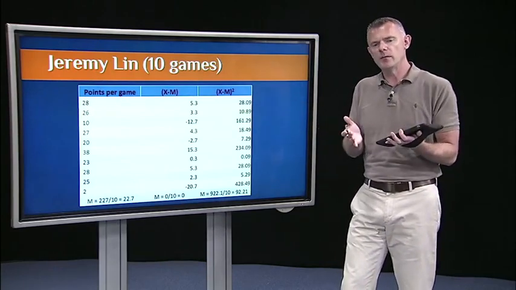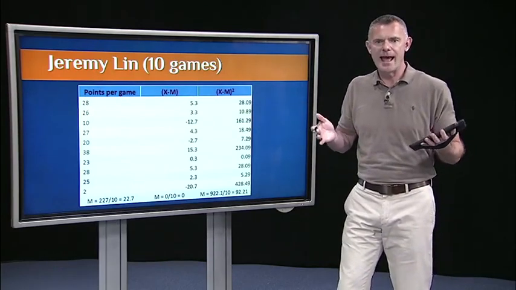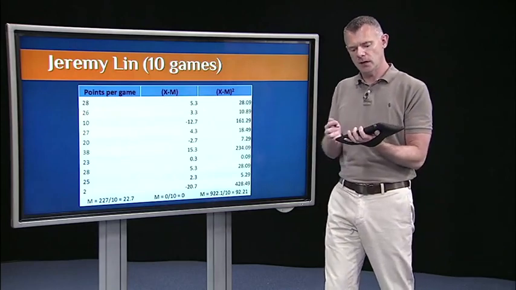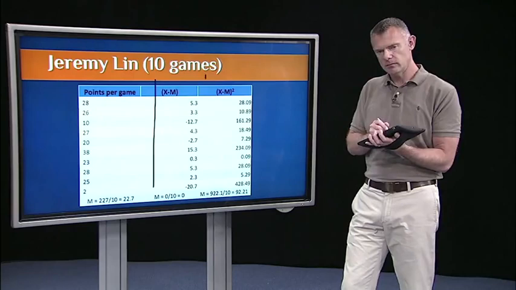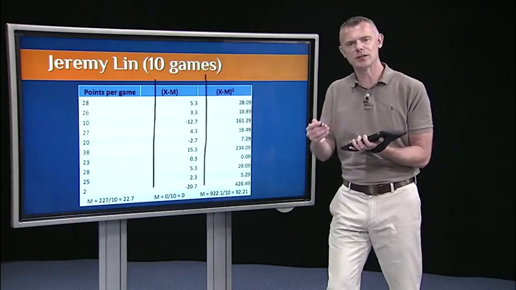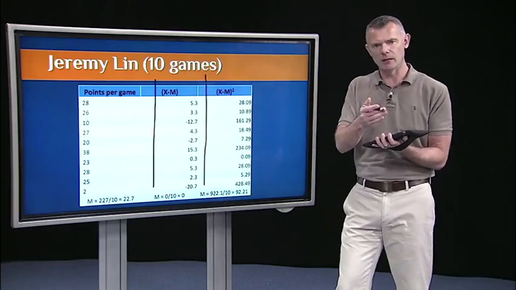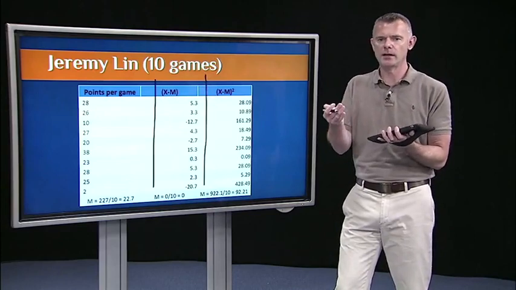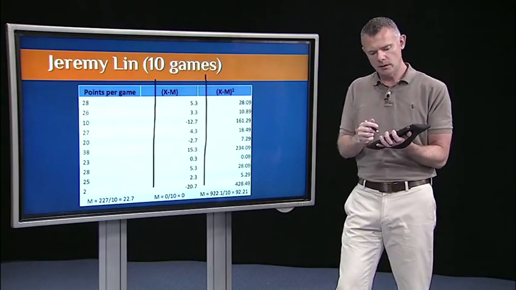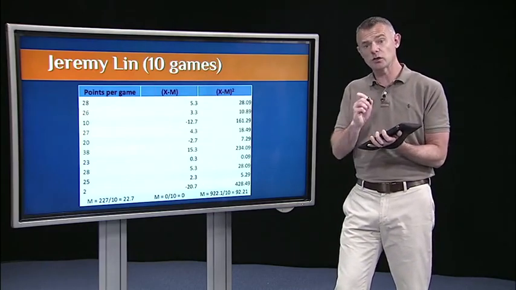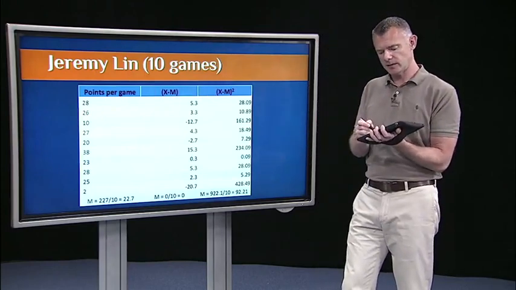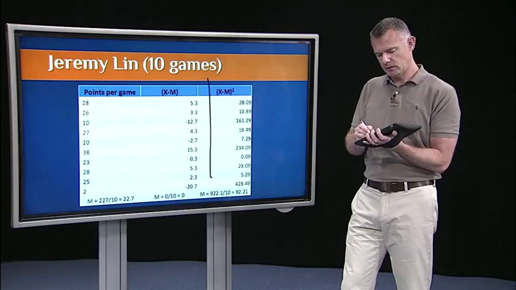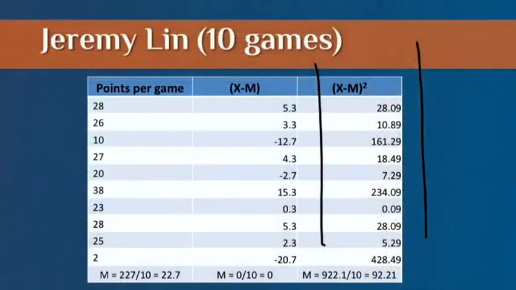The whole point of variability is getting an average deviation. Now, I can't take the average of this column because it sums to 0. If I summed that column, I would get 0, and divide by 10, I'd have 0. So instead, we'll square each deviation score. That's this last column, the deviation scores squared.